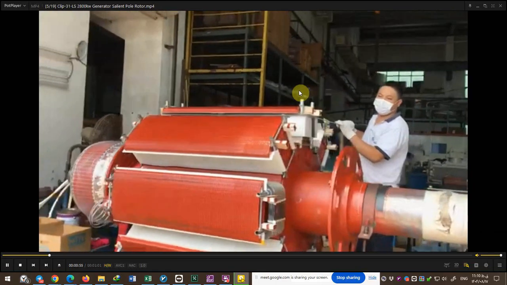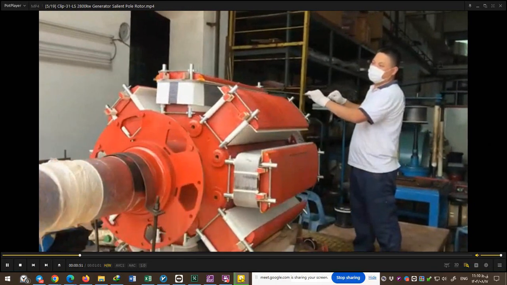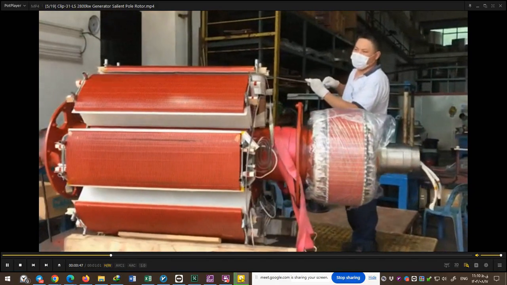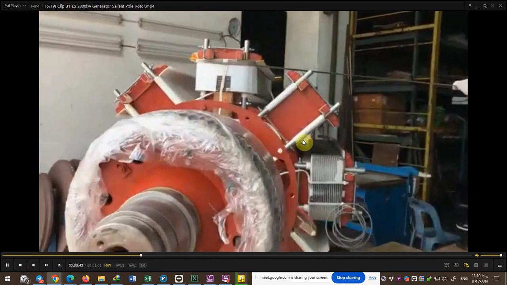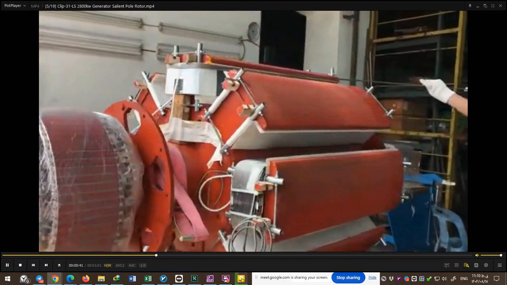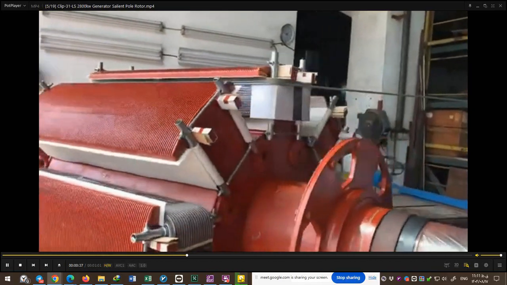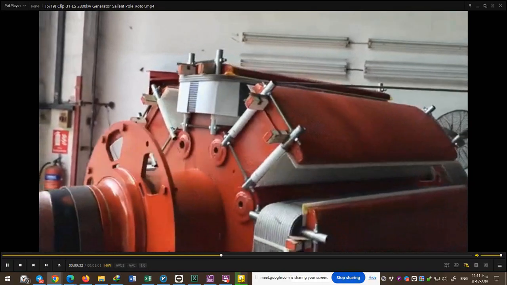In a synchronous generator, we have a fixed part called the stator and a rotating part called the rotor.